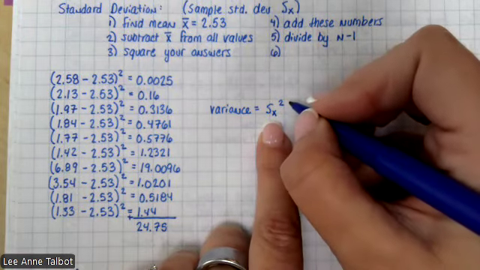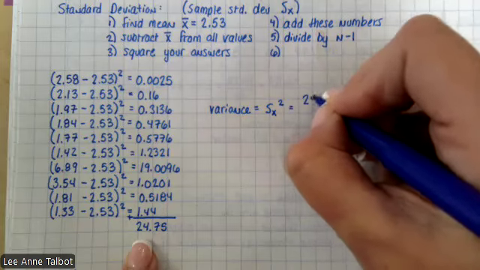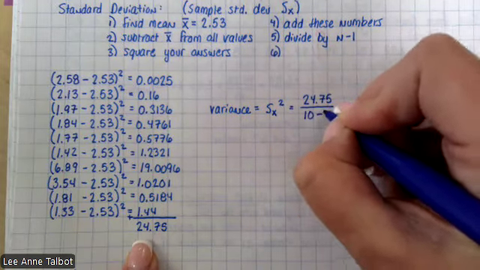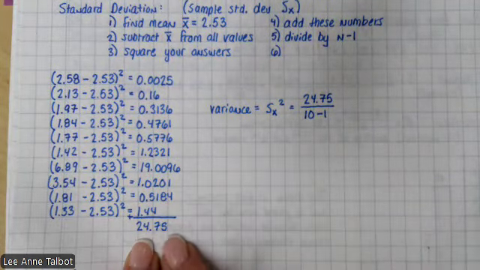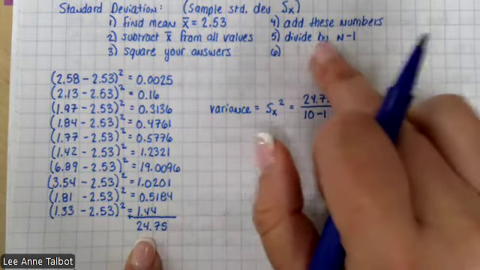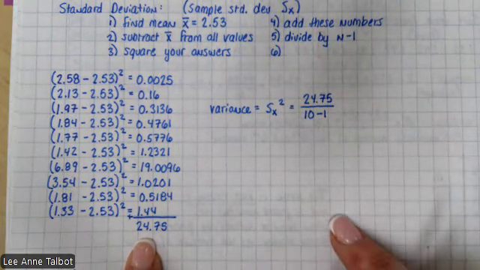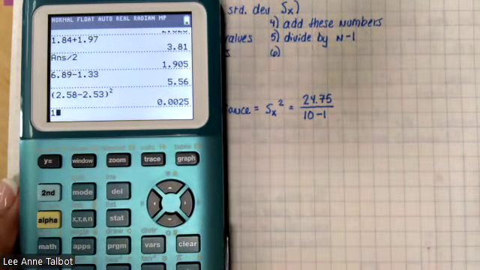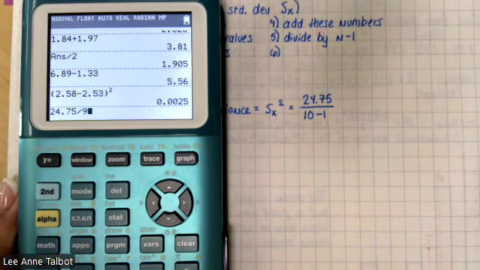So standard deviation squared is the variance, and that is, in this case, 24.75 divided by 10 minus 1. 24.75 coming from adding all of these numbers together. Divide by the number of numbers you have minus 1. So 24.75 divided by 9.